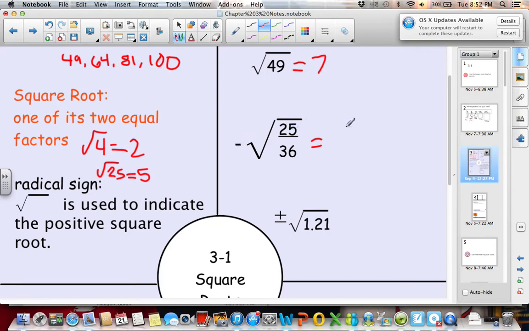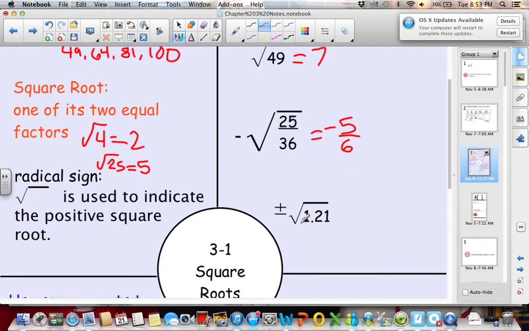The square root of 25 is 5, and the square root of 36 is 6. Remember, because 5 times 5 equals 25, 6 times 6 equals 36. So the square root of 25 over 36 is 5 over 6. But then it wants us to take the negative of the answer. So our negative is just going to go with our answer. So we have negative 5 over 6.